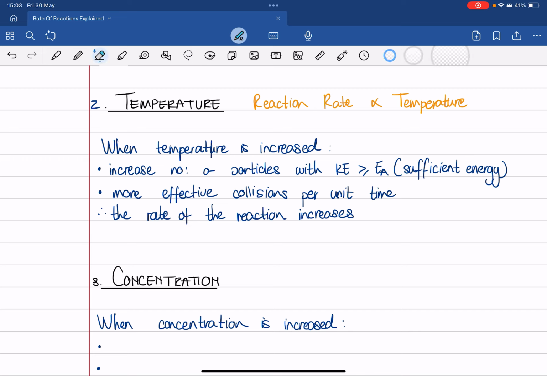So if you decrease the temperature, you actually decrease the number of particles with kinetic energy greater or equals to activation energy, and therefore you've got less effective collisions per unit time, and therefore the rate of reaction will decrease. So it's literally just the opposite. So going into the exam, just study the one, and if there's a decrease in temperature, you're just going to swap out the words.